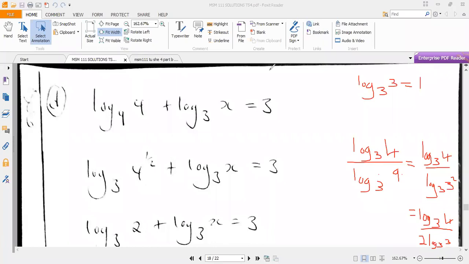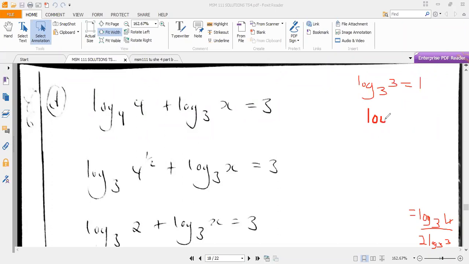So here you have something like, okay. So here we have log base 3 of 4, right?